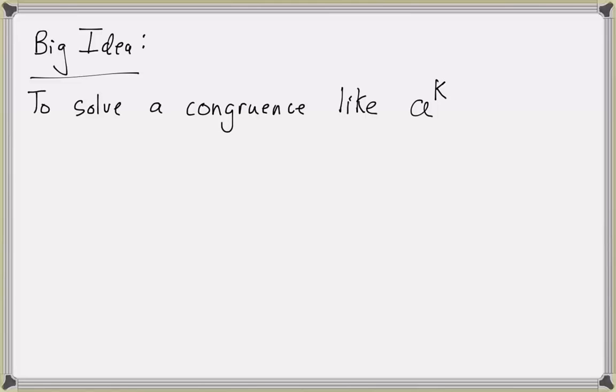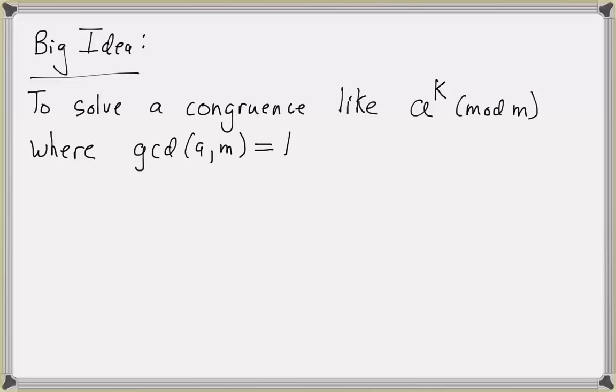To solve a congruence where you have a large exponent, so to solve a congruence like a to the power k mod m, where a and m are relatively prime, you should really reduce the exponent using phi of m.